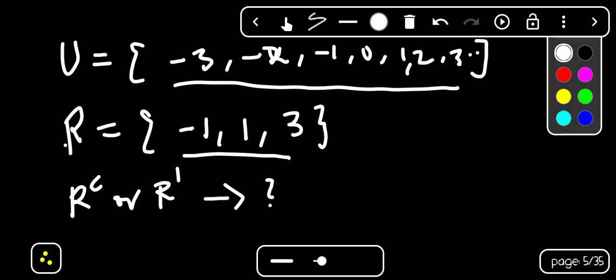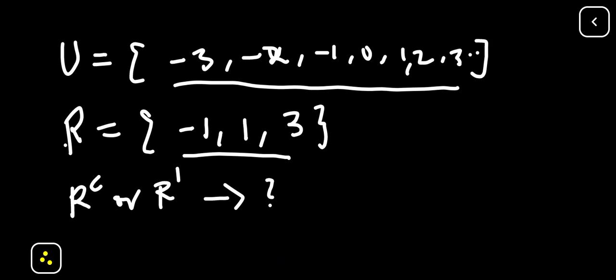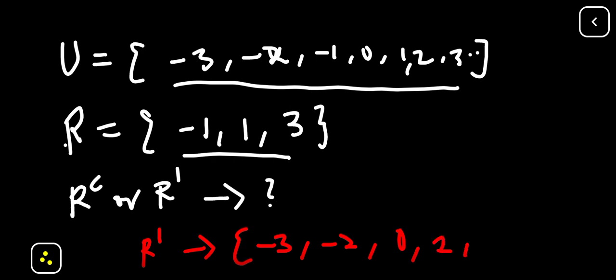So in other words, our complement is going to be -3, which is in universal but not in R. -2 is in universal but not in R. 0 is in universal but not in R. 2 is in universal but not in R. And I think that will be it. So this will be the answer to the question. Okay, so that's how it works for complement of a set.